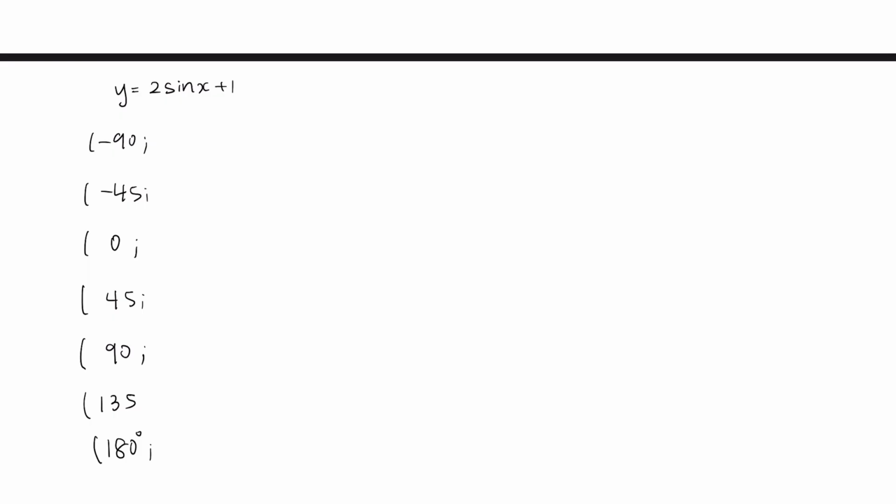If I substitute minus 90 into this equation, I'm going to get 1. Then this one, I'm going to get 0. This one, I'm going to get 1. Then 2. Then 1. Then 0. And then 1. And so these are the coordinates. Now let's plot.